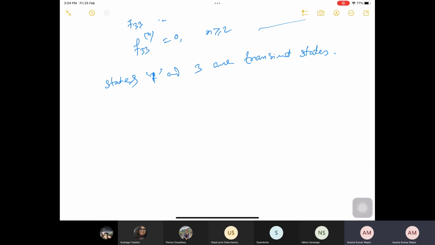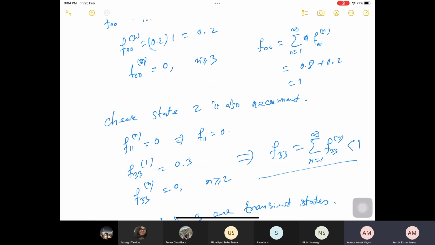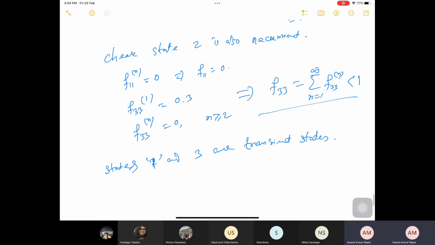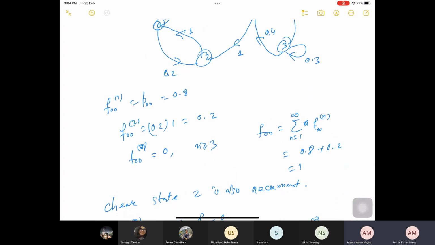Similarly, you try to find out whether it is positive recurrent or not, because 2 is recurrent. Let us take 0. Now mu 0 is the summation over n equal to 1 to infinity of n times f of 0 0 of n.